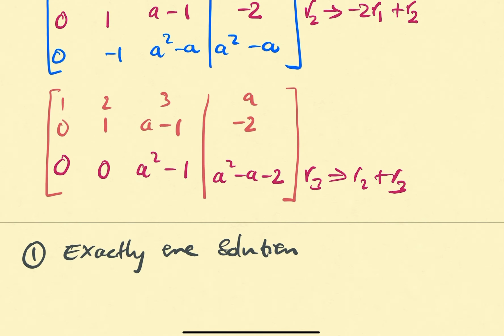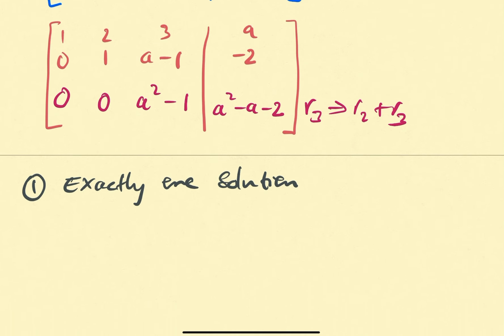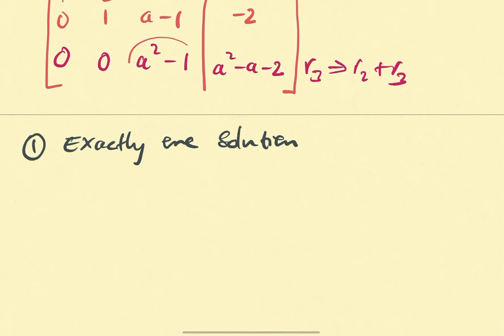Now we are going to conclude based on what we have in this matrix. Notice that we have this particular entry here, which is a squared minus 1. If this entry is 0, it either means you are going to have no solution or infinitely many solutions. So for exactly one solution, this entry must never be 0, because if it's 0, it overlaps to a no solution or infinitely many solutions, depending on what you have right there.